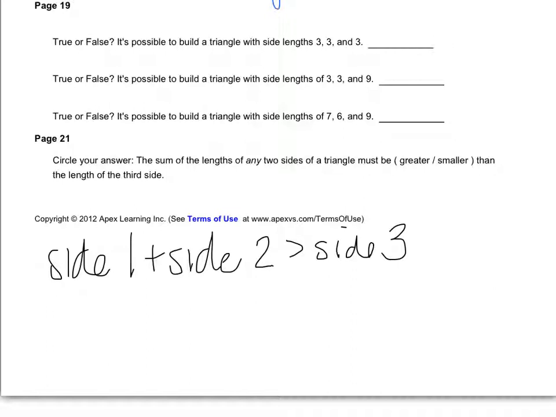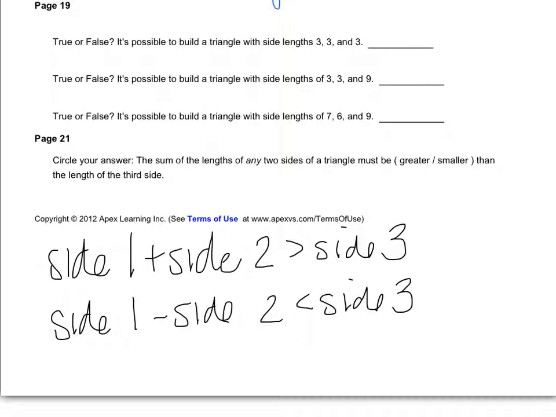And the other part of that is that side 1 minus side 2 must be less than the third side. So you add the two sides together, they've got to be greater than the other one. You subtract them, and they have to be smaller than the other one.